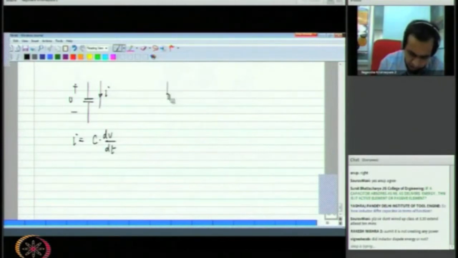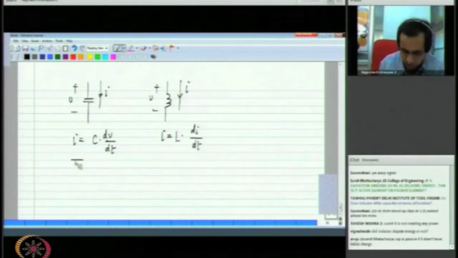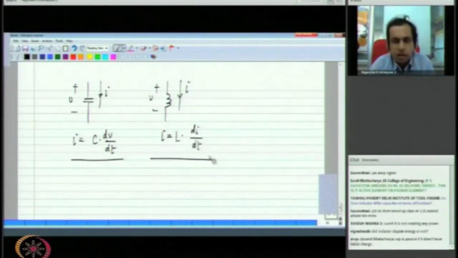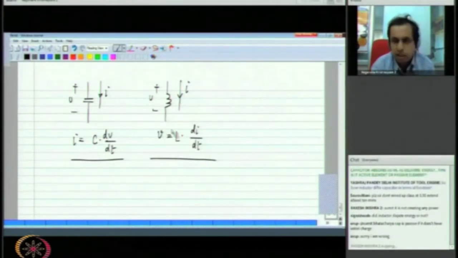And in an inductor, if you have a voltage across it and a current through it, V is L di by dt. As far as the terminal characteristics are concerned, it's like the roles of current and voltage have reversed. In a capacitor, the current is the time derivative of voltage, and in an inductor, sorry, I made a mistake here, this should be V, the voltage is the time derivative of current. So that's all there is to it.